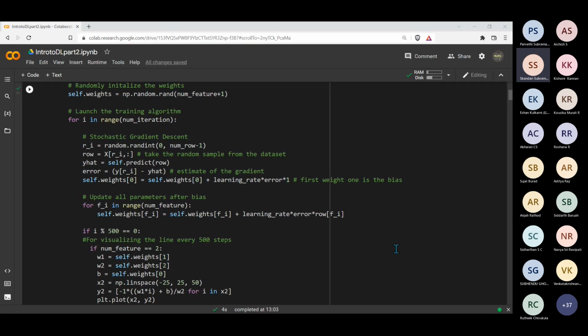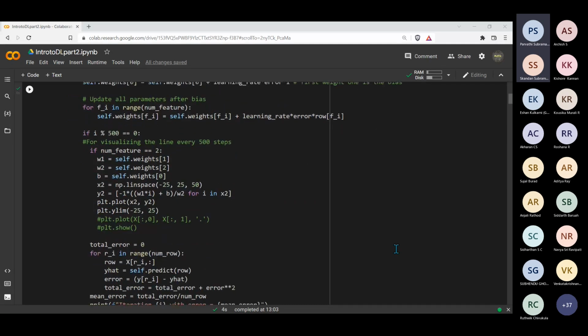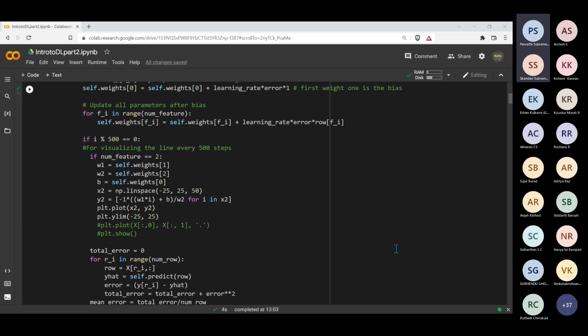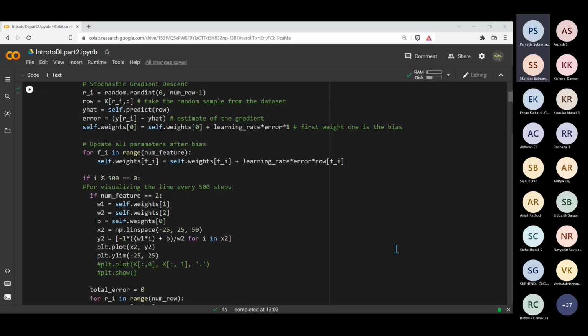So substituting that into the update function, we can see that we multiply the learning rate times the error times the input parameter. And if you try to visualize this in terms of linearly separable data, every time this classifies a particular data point wrongly, the normal vector of the plane or line, whatever is classifying, is going to orient itself slightly more towards the data point which is wrongly classified, to try to include it within the right side of the plane.